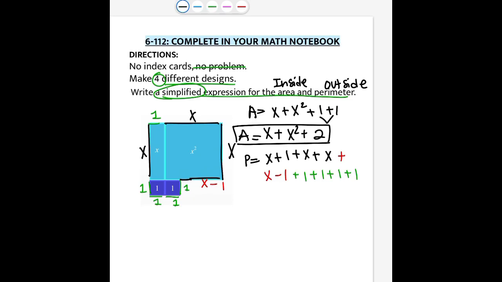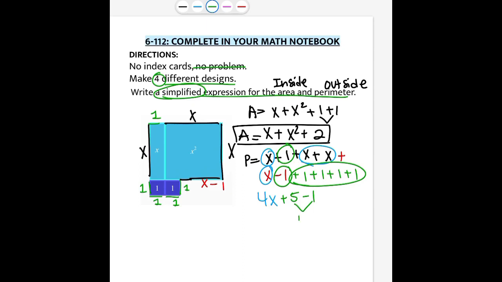So this is the long version, and I know that I can simplify it because there are some like terms that I can combine. So I'm going to combine all my x's. So that's an x, x, and an x. There are 4 x's in total, and now I want to combine my 1's. Even the minus 1, because that's part of it. So I have 5 1's and a minus 1. Can I still combine it?